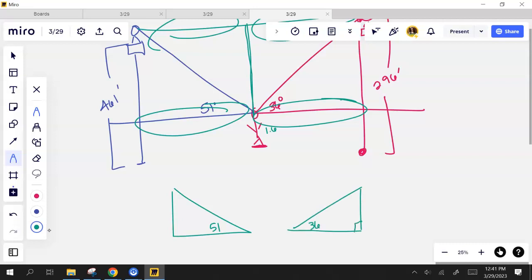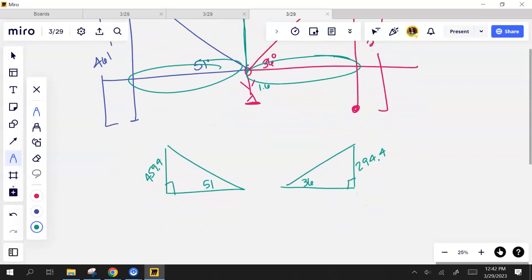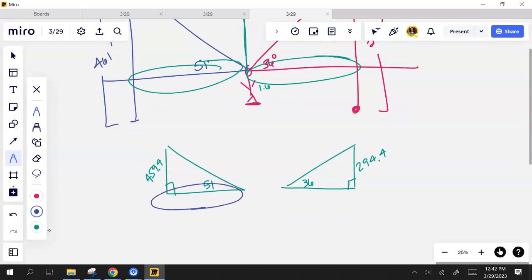Just a second. All right, I'm going to subtract 1.6 from these altitudes just because I'm pulling these triangles out. So what's 461 minus 1.6? 459.4. And then over here, 296 minus 1.6, 294.4. Now, for both of these triangles, find this distance.